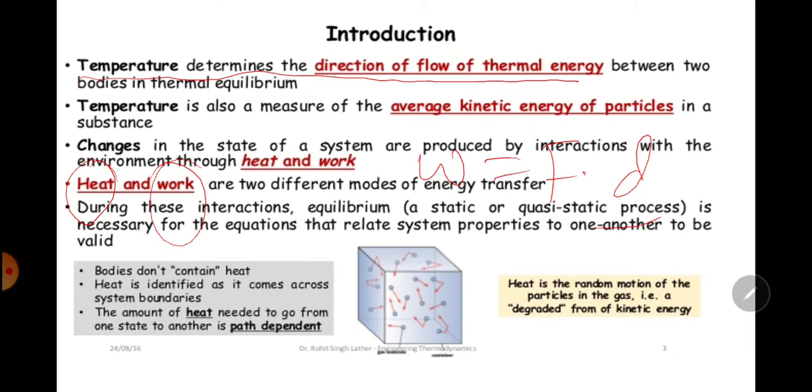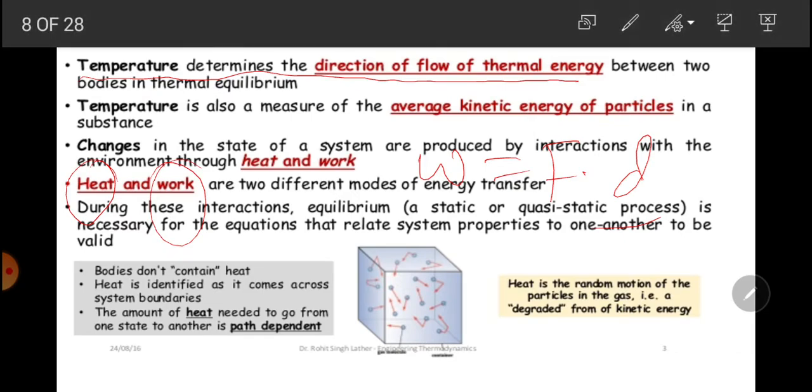Work is the mechanical energy and heat is the thermal energy. Heat and work are two different modes of energy. During these interactions, equilibrium is necessary for the equation to relate heat and work. Both are forms of energy.